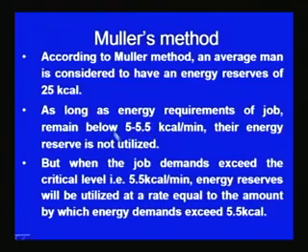If light work is carried out by the worker, consuming energy less than 5.5 kilocalorie per minute, then the energy reserves are not used and he can continue to carry out the job without need of any rest. So, according to this, the upper acceptable energy limit is 5 to 5.5 kilocalorie per minute.